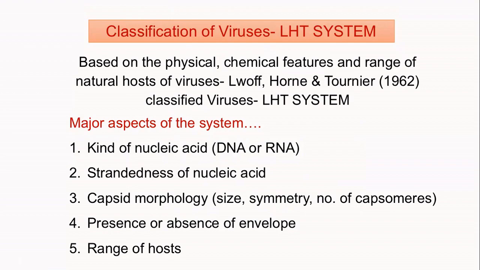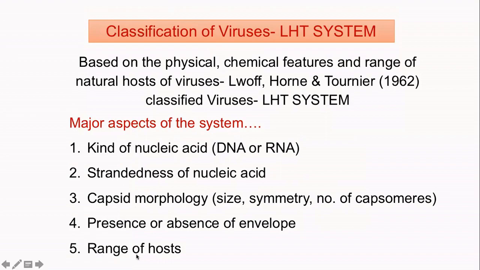The two additional characteristics that the LHT system considers include the capsid morphology. As I said earlier, viruses have a protein coat, and the protein coat is known as the capsid. So here, the LHT system uses the morphology of the capsid, including size, symmetry, and number of the building blocks which make up the protein coat, into consideration to classify the viruses.